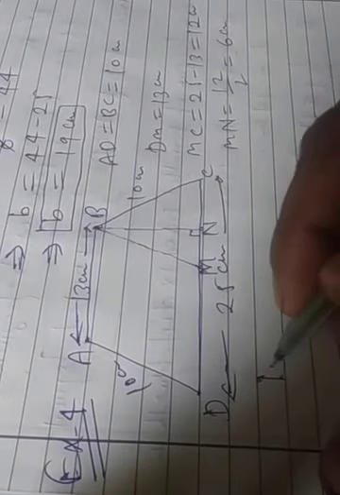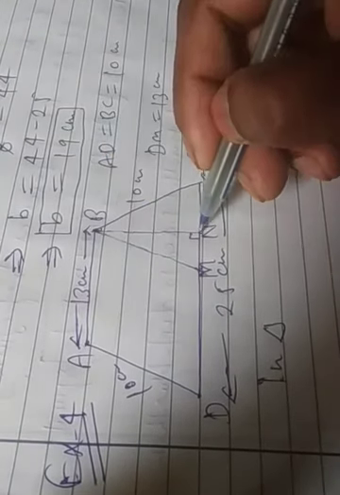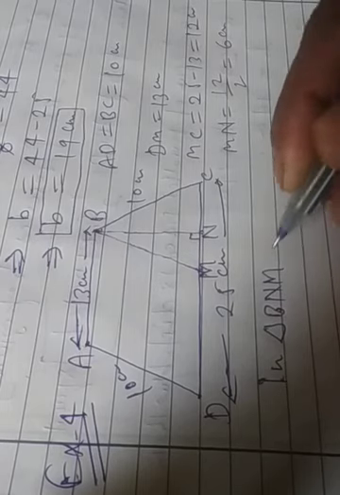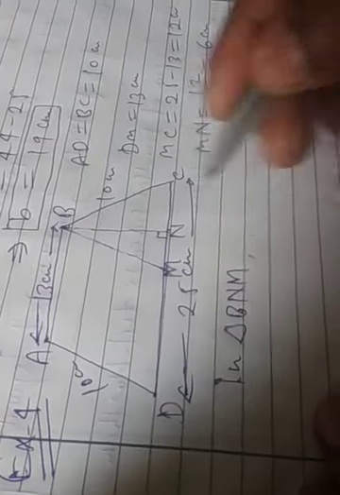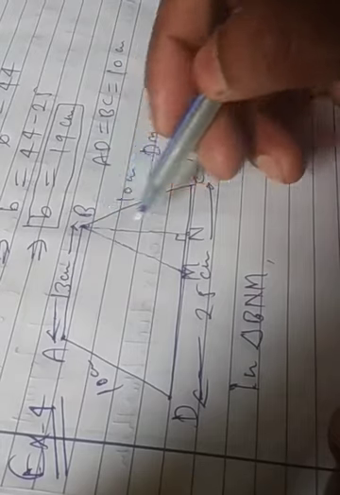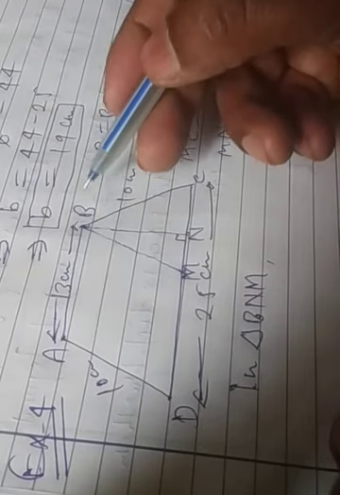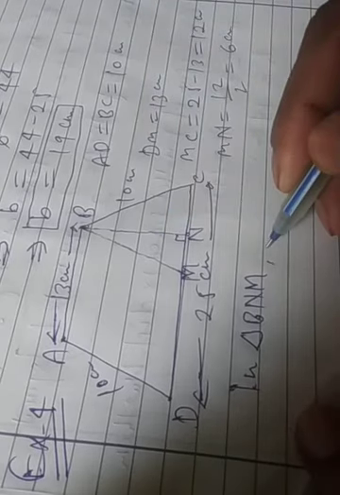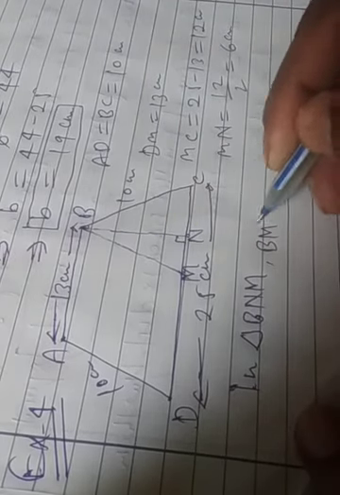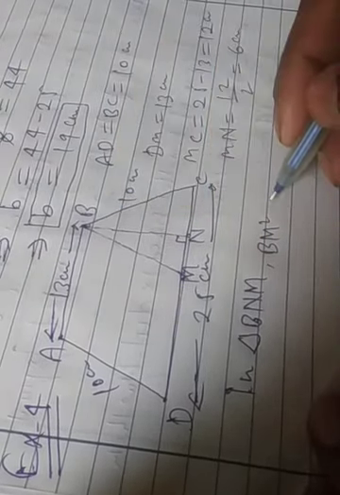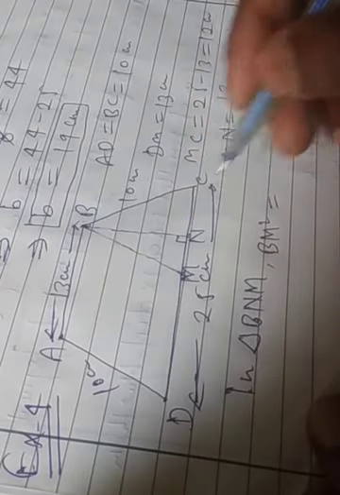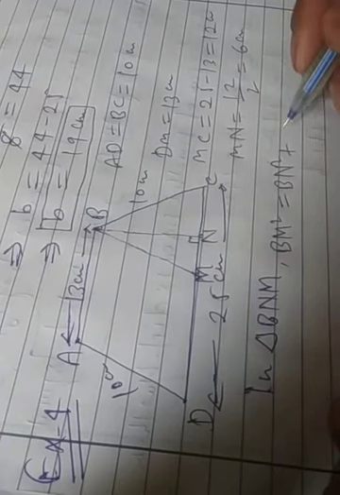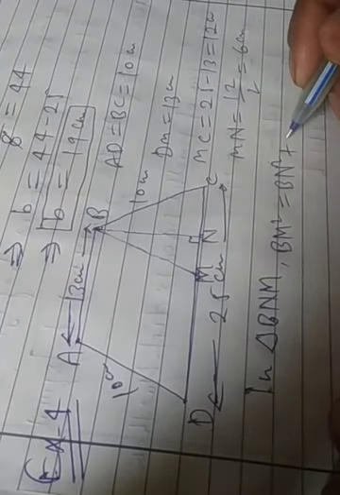In triangle BNM, by Pythagoras theorem, BM square is equal to BN square plus MN square.